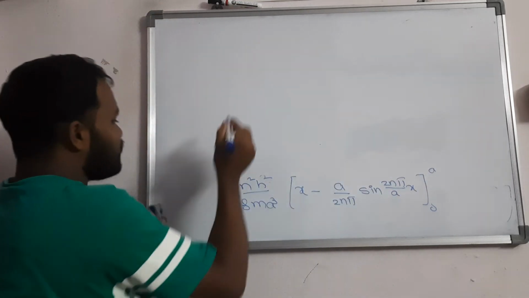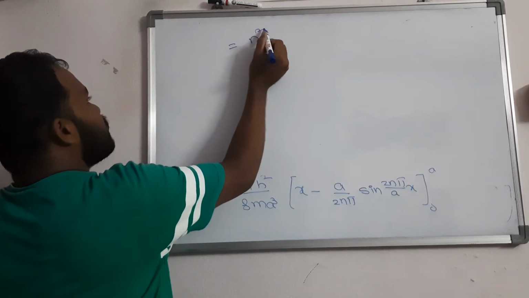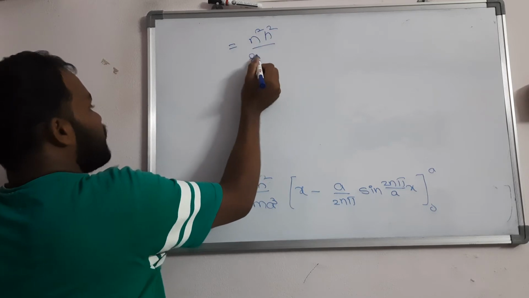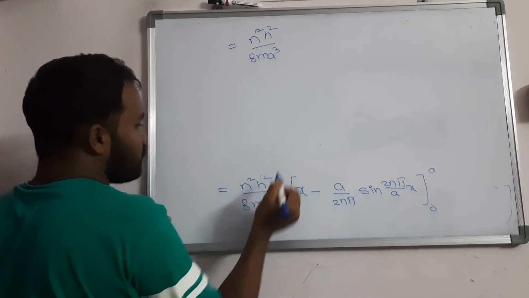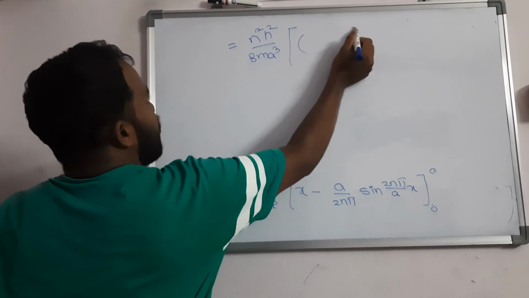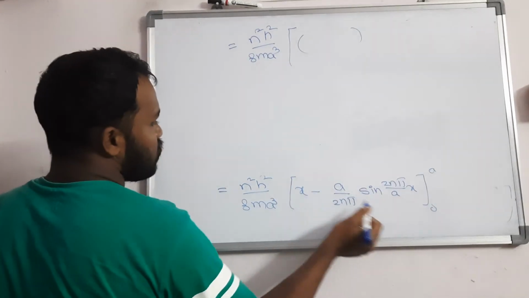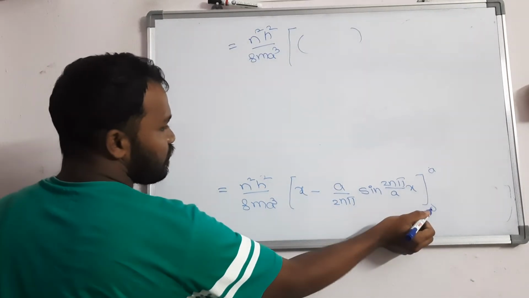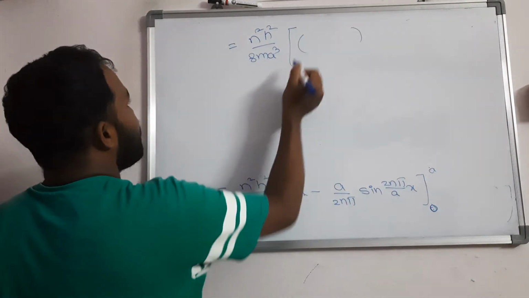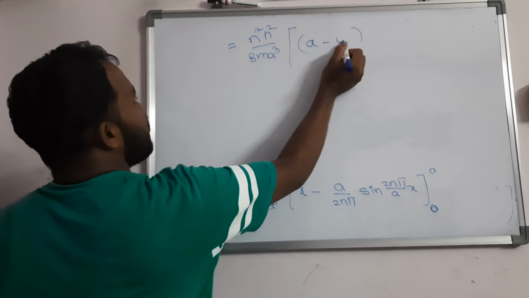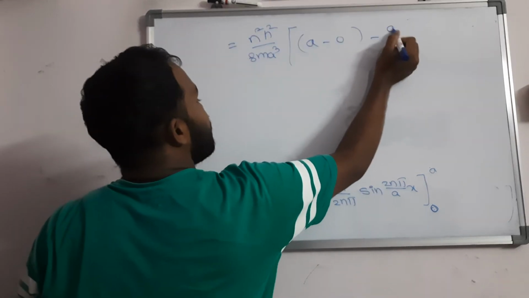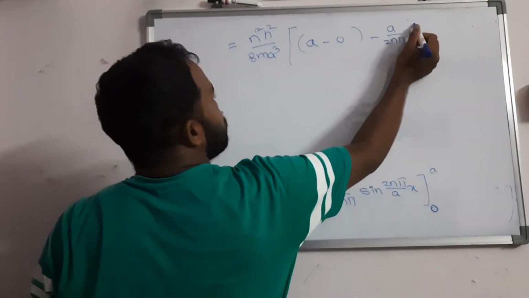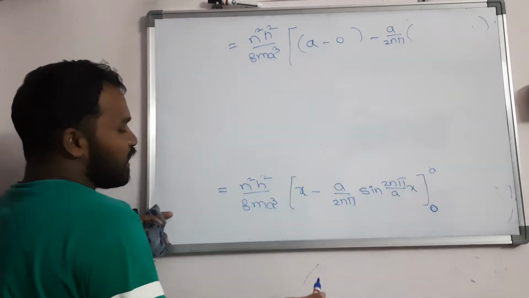So you will get it easily. That is n square h square by 8 m a cube. Then first upper limit is a minus 0, lower limit is 0. In place of x you should substitute a, and in place of x you should substitute 0. So you will get a minus 0 minus a by 2n pi into, again substitute upper limit minus lower limit.